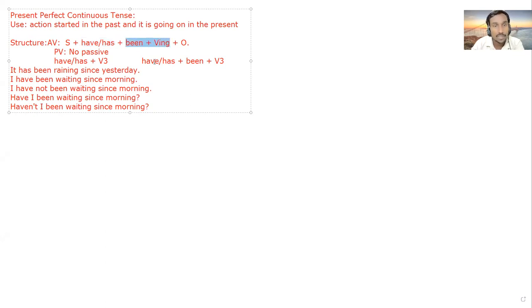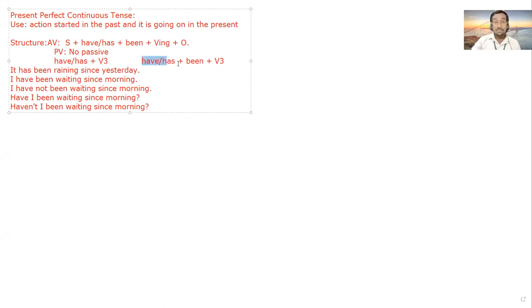Here is also have has been, but after have has been, what is here? Here it is v3. And here no been, only have and has. After have and has, it is v3. So you should be able to identify: if it is have has been V-ing, that is present perfect continuous, that is active voice. If it is have has v3, this is present perfect, this is active voice.